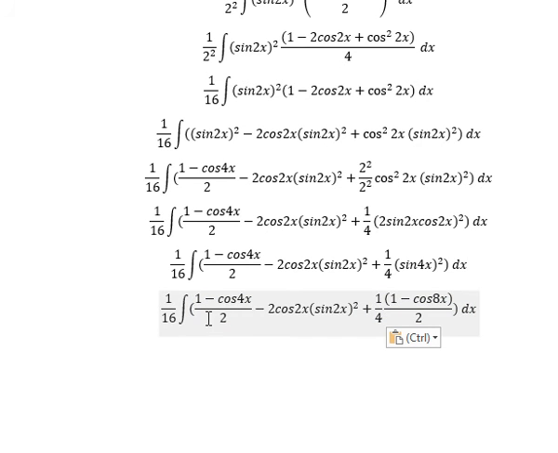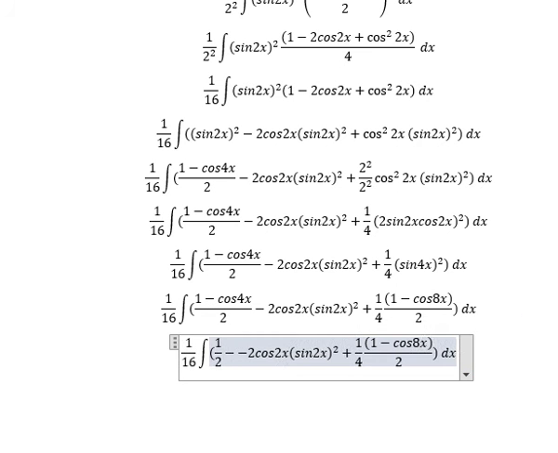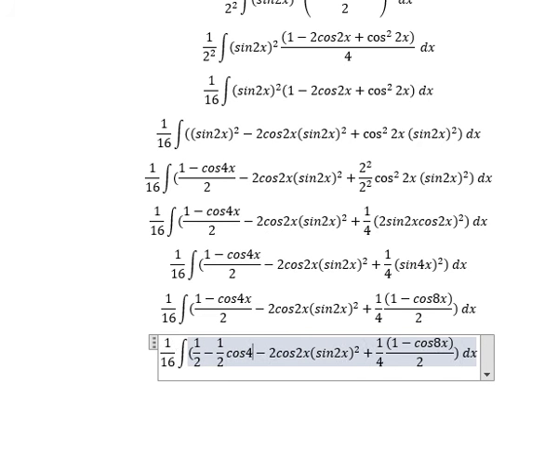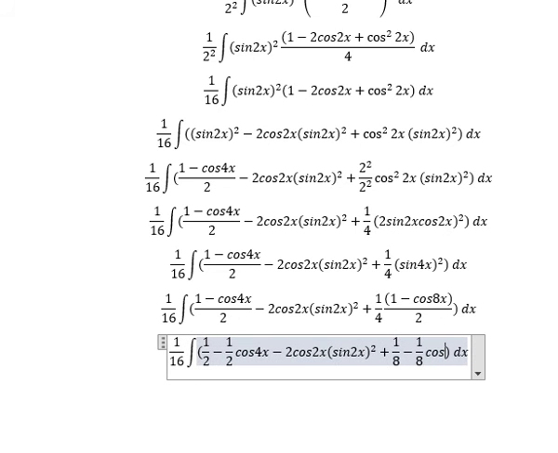Next, we need to separate them into here and here. So we have 1 over 2 minus 1 over 2 cosine 4s. This one is about 1 over 8 minus 1 over 8 cosine 8s.